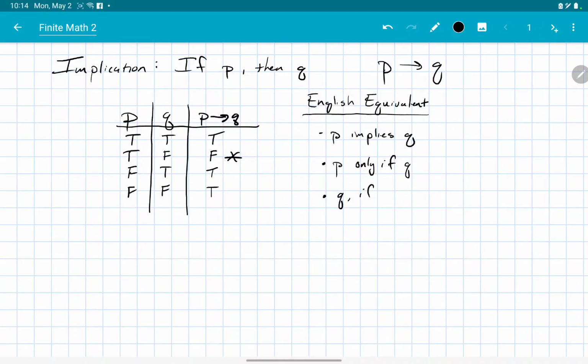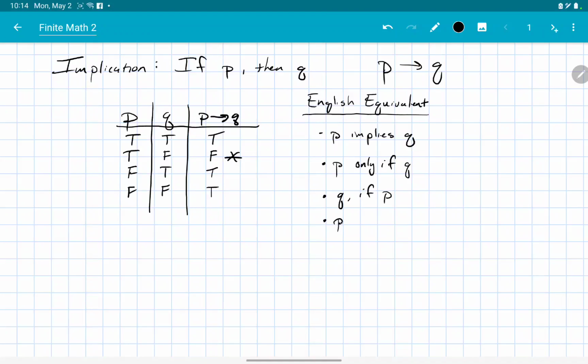Q if P. A number is even if it is divisible by 4. Now that one's a little weird because it writes it backwards, right? It has the Q part first and the P part second. But it is logically equivalent. It's an English way of stating the implication that's not if P then Q. It's the same logical thing.